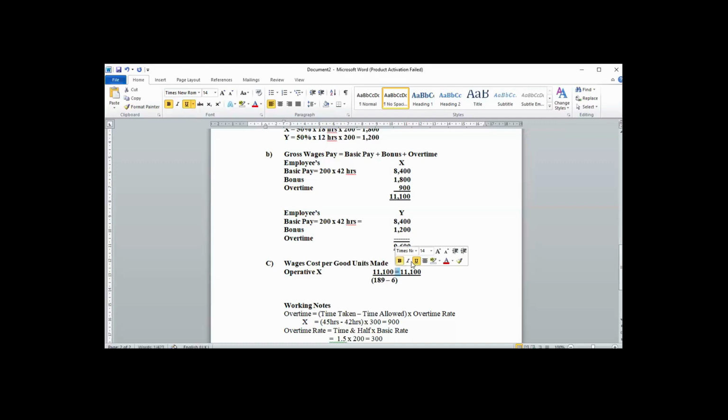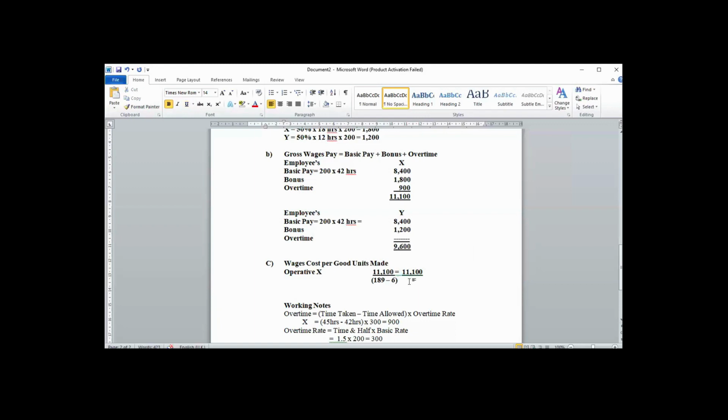Sir, sorry, please, the total pay is the same thing as the wages cost. That is the wages now. It's not salary, they pay them wages. We even set it here: gross wages pay. Is it clear? Yes, sir.